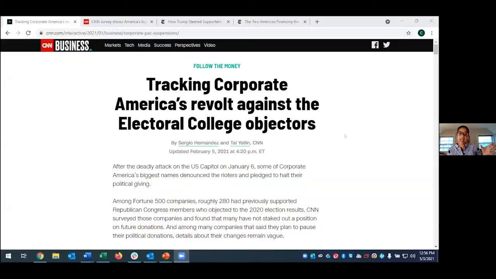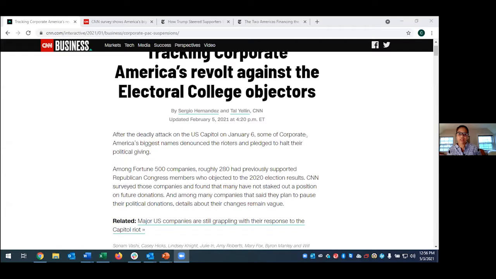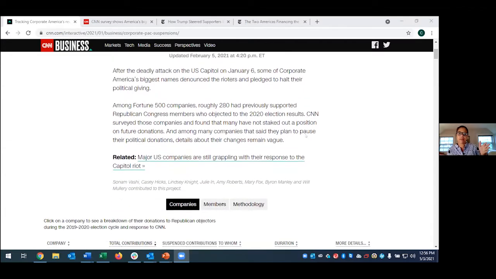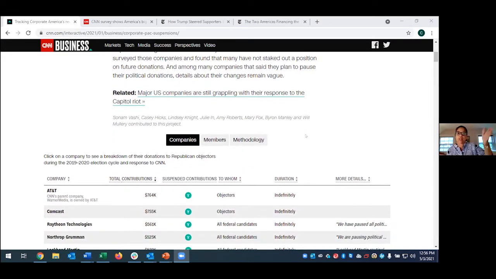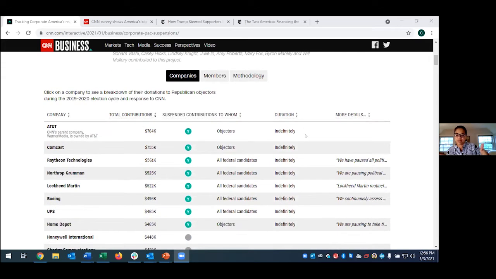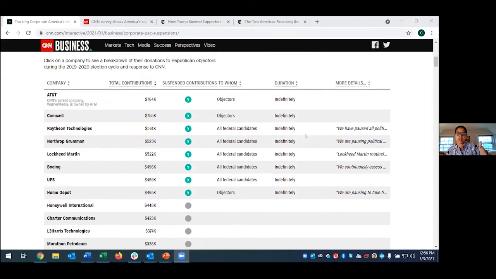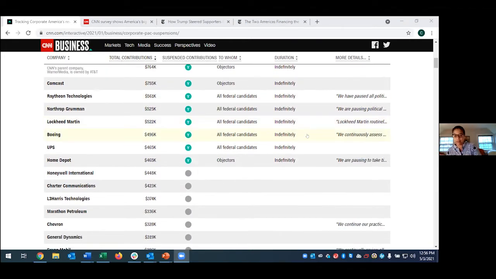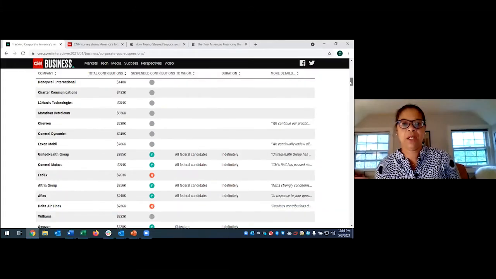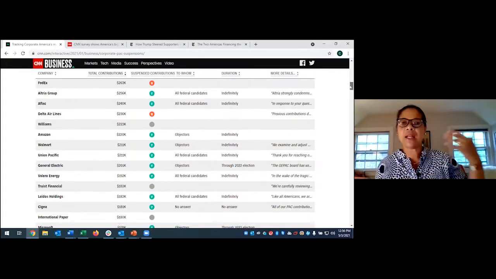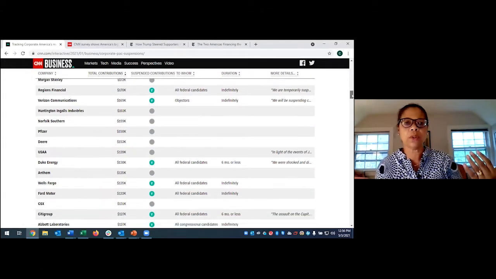Again, we built it by looking at the objectors, using the Center for Responsive Politics data to see how much had been contributed by corporate PACs to these folks. And then we looked at the Fortune 500 companies, and then we took it one step further. We surveyed them to see what was going on, because there was a lot of noise about a corporate revolt.